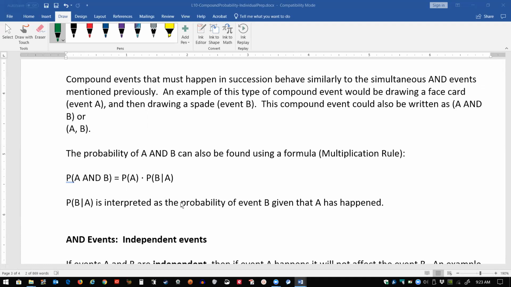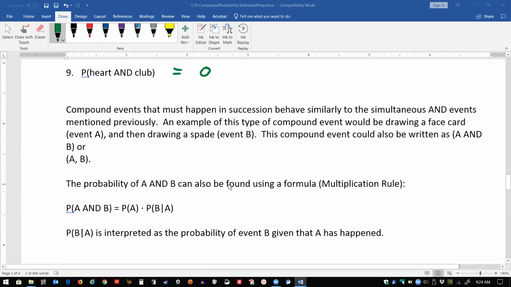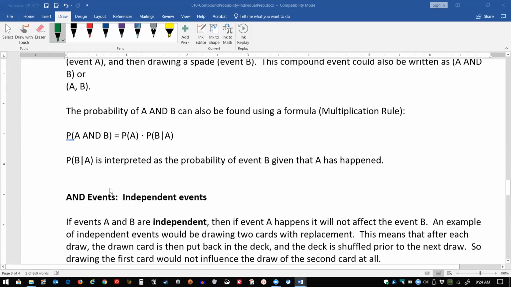Note I've given that in a sentence right here on your activity sheet, okay? So that notation, that vertical bar, means given that the first event has happened. Well, what does that mean?